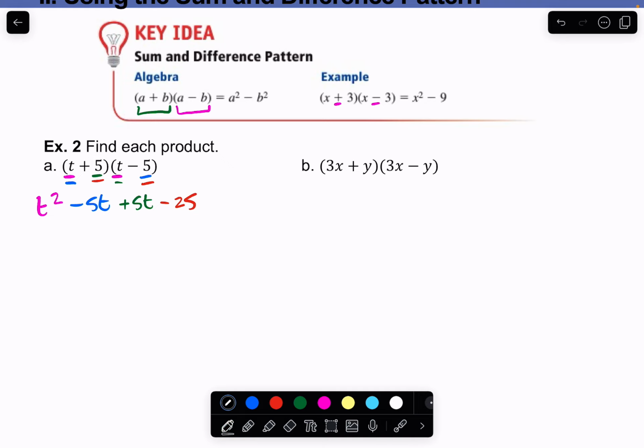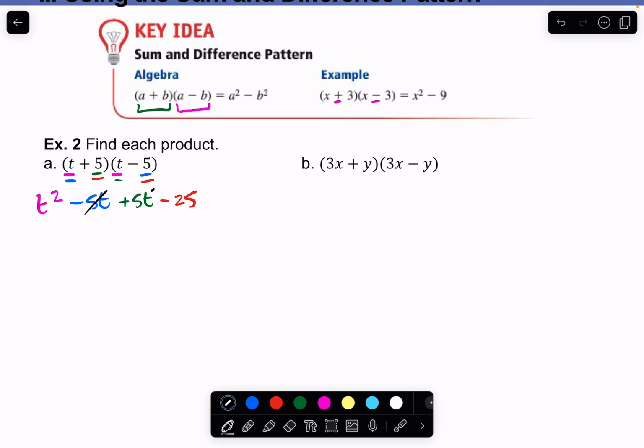Notice what happens with that negative 5t plus 5t. That equals 0, right? My teacher always used to tell me that the guts fall out. So when we have that sum and difference pattern, the guts fall out. So we are just left with t squared minus 25.